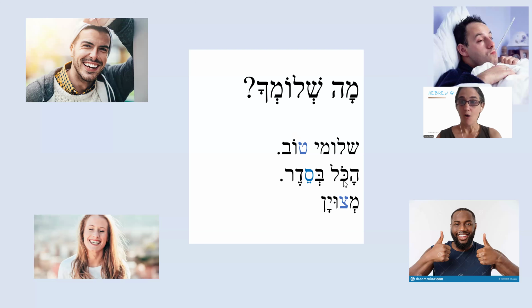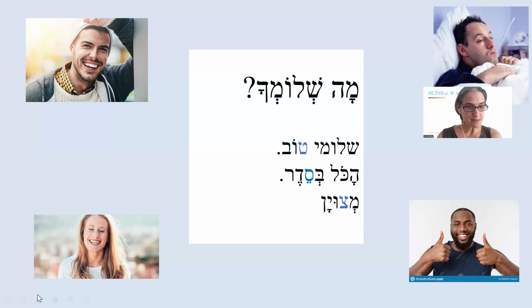Or, מה שלומך? הכל בסדר, הכל בסדר. Everything is okay, הכל בסדר. ומה שלומך? If it's very, very good, אז מצוין, excellent.